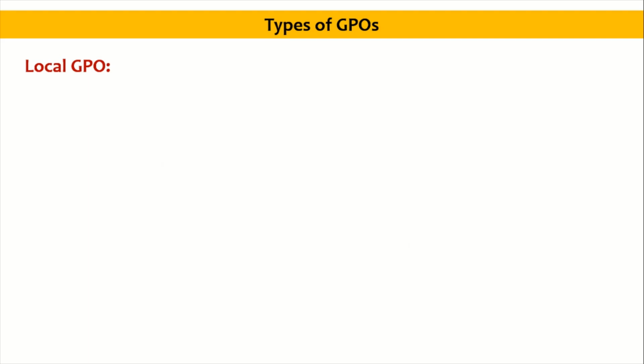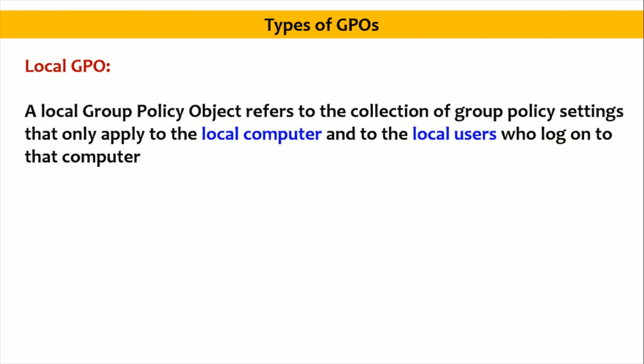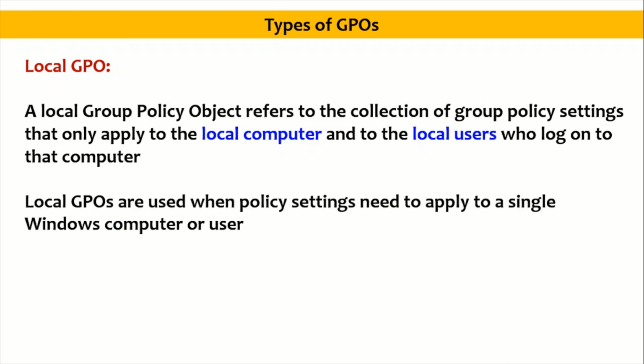So, local GPO. Local group policy object refers to a collection of group policy settings that only apply to a local computer, and to a local user who logs on to that computer. As the name suggests, everything is local. Local GPOs are used when policy settings need to be applied to a single Windows computer or a user.